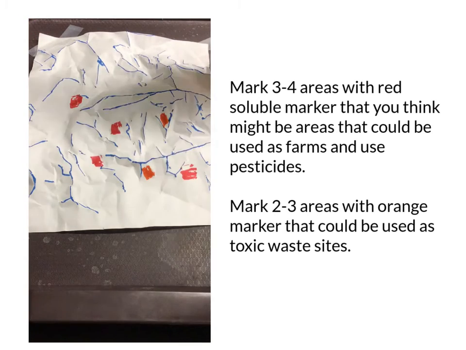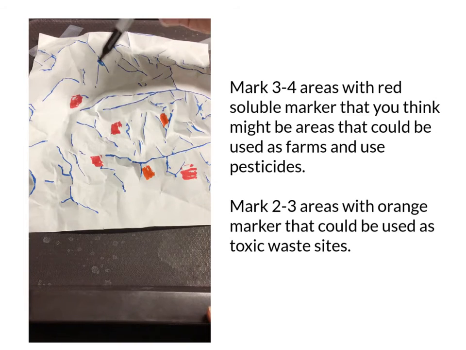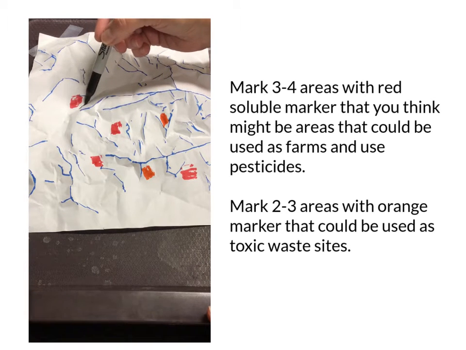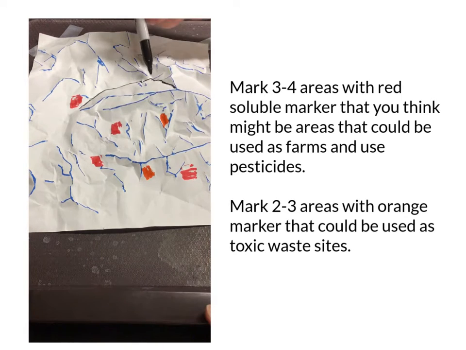All right, last thing that we need to do is outline all of the areas that we think will be streams and tributaries. So we're going to do this with a permanent marker because we don't want to lose these. So I can see, like right here, I'm pretty sure that this is going to be some sort of mountain stream, and I can see it going over here.